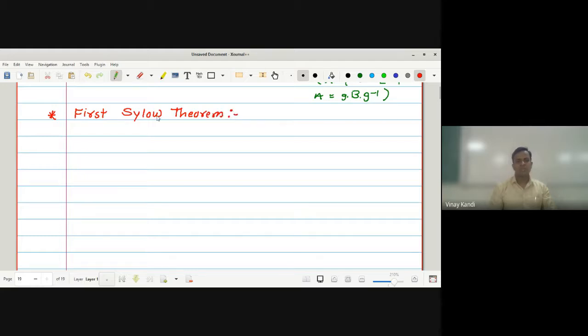What is the statement? Look at it. First Sylow theorem. Okay. Statement. Very, very important theorem for your semester. Okay. Look at here. Let G be a finite group. Okay.